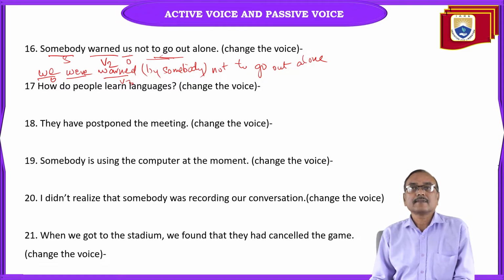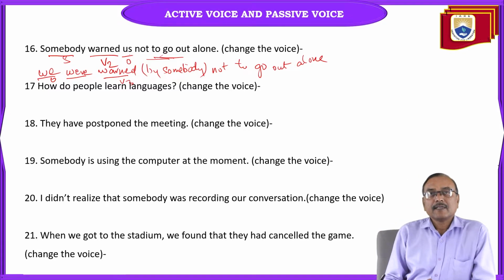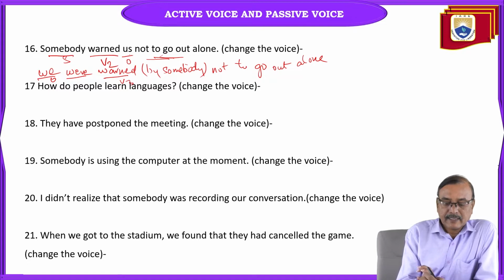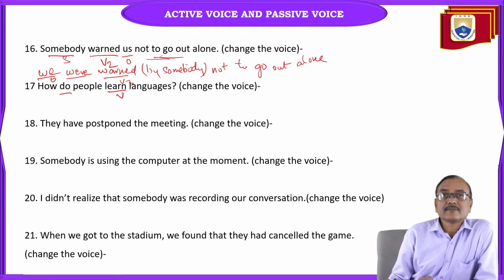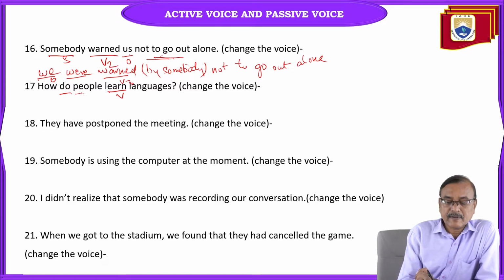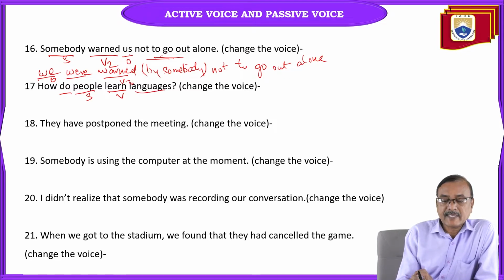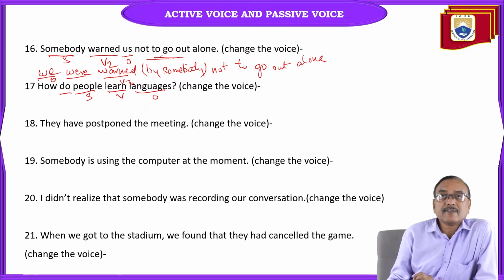Any doubt? Right. Next: how do people learn languages? Here, do learn, simple present tense. The subject is people, and languages is the object. So which voice is it? Active voice only.